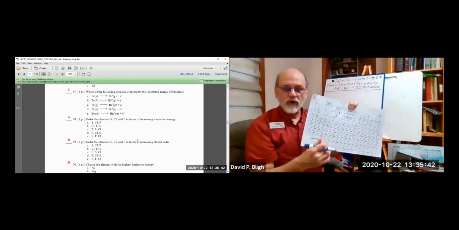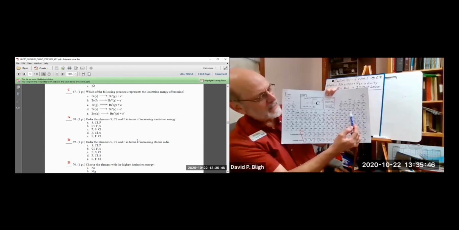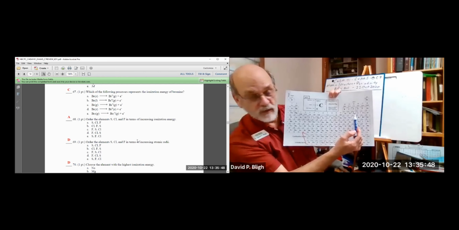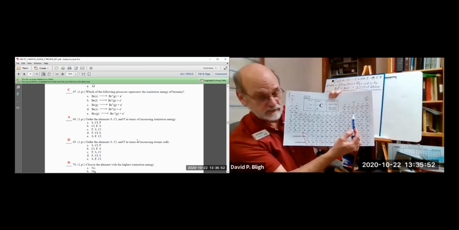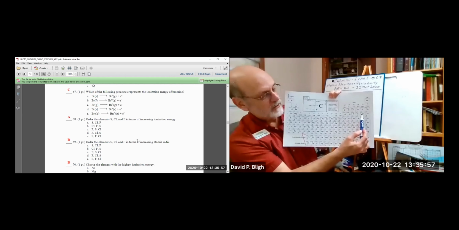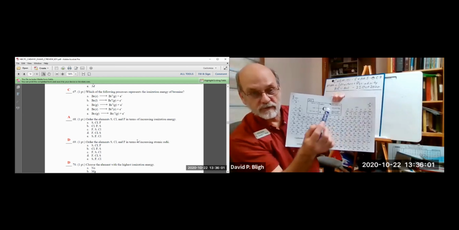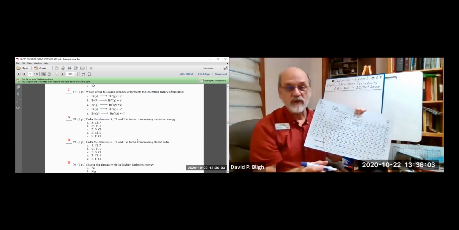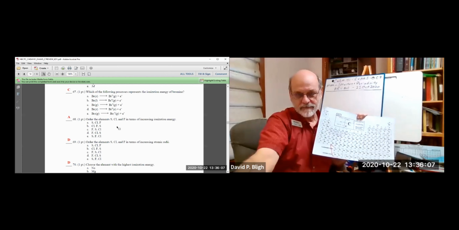So if we look at sulfur, chlorine, and fluorine, we find that sulfur is to the left of both fluorine and chlorine. So it's going to have the lowest ionization energy of that triple. Then next is chlorine, below fluorine. So it's sulfur, chlorine, fluorine in that order of increasing ionization energy, which means A.